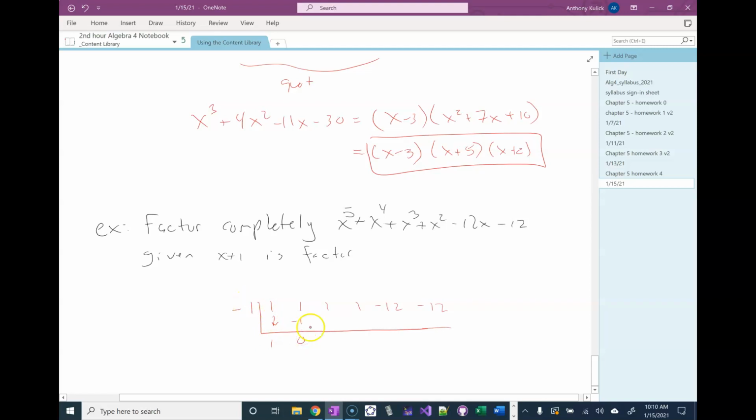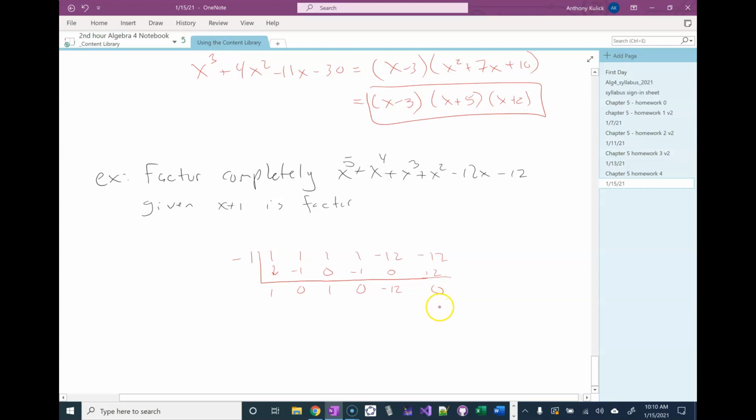Add down that 0. 0 times negative 1 is 0. Add down that's 1. 1 times negative 1 is negative 1. Add down that 0. Negative 1 times 0 is 0. Add down that's negative 12. Negative 12 times 1 is negative 12. Add down that 0. So again, that's good. We have the 0 remainder.